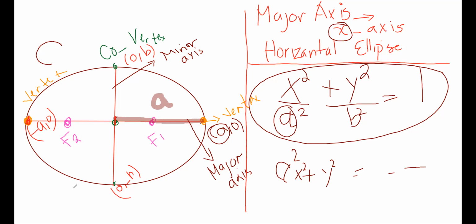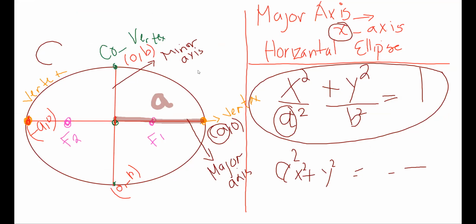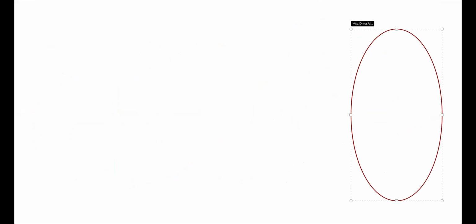Now, let's see the vertical ellipse. Look at the vertical ellipse here. I will draw it here. This is now a vertical ellipse.